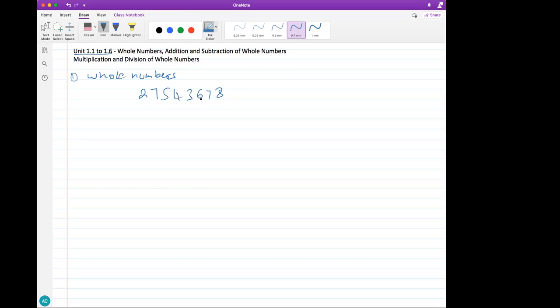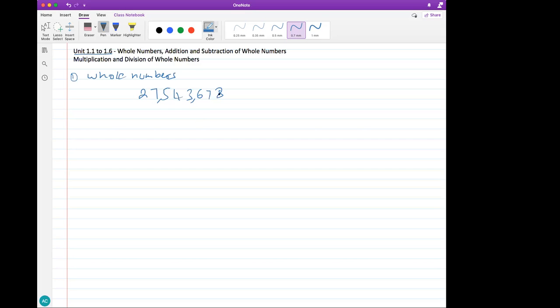But for now, no decimals. All you see is just a whole number. But we can separate these with commas. So we count 3 digits, one group, and then we move on to the next. We count another 3 and we put a comma. This is not a decimal point, it's just a comma to separate one group of numbers from the other.